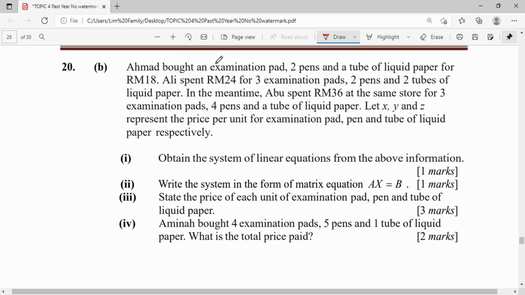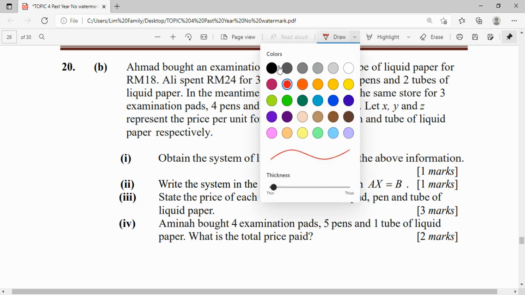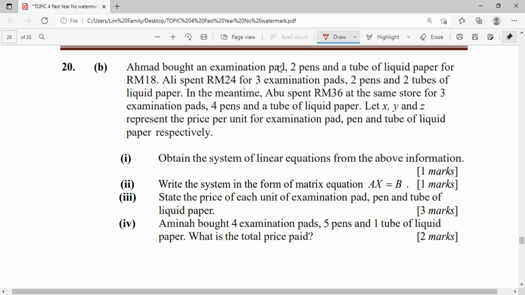So Ali bought an examination pad, 2 pens, and a tube of liquid paper for 18 ringgit. So this is the information about Ahmad. He gets 1, 2, and 1.